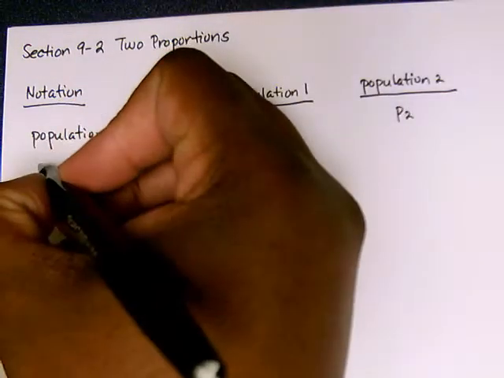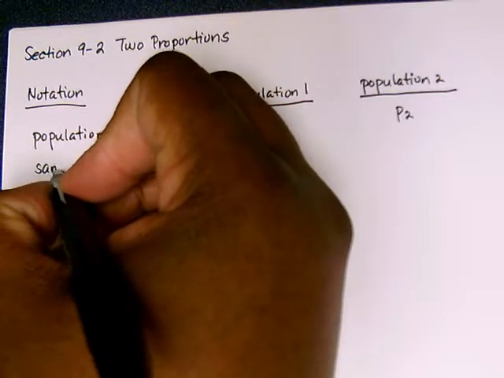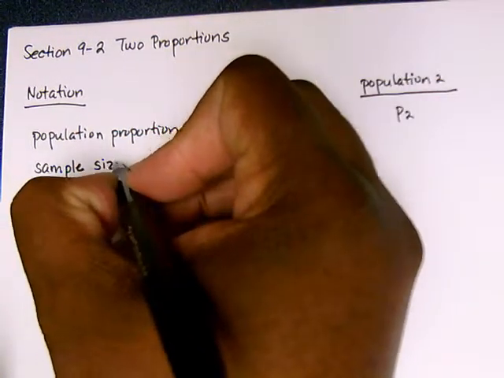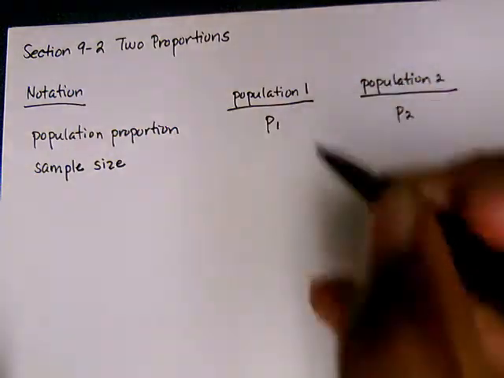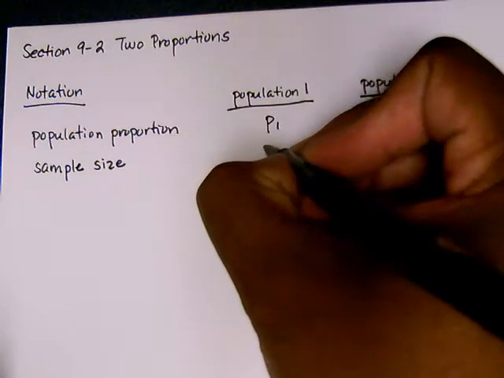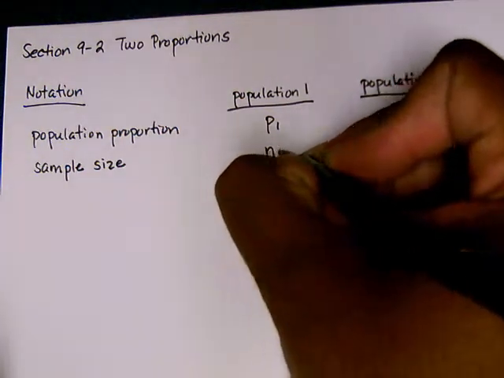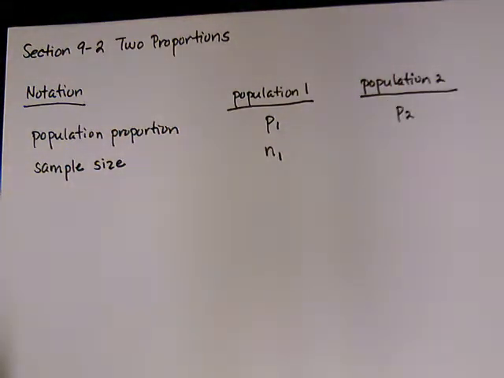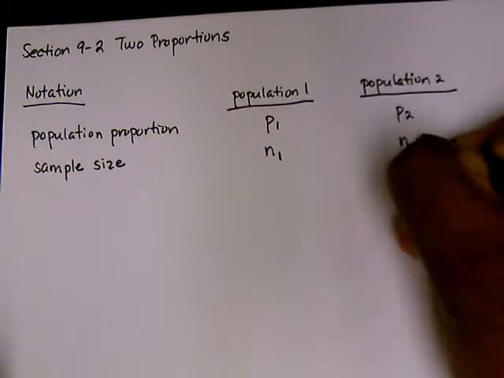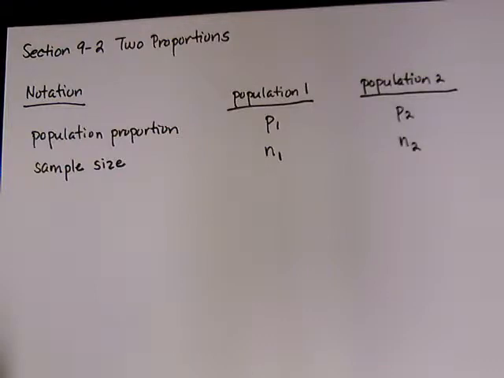And then you have your sample size coming from that population. And usually n is going to be the sample size. So from the first population, your sample size will be represented by n1 or n sub 1. And then for the second population, your sample size will be represented by n sub 2.